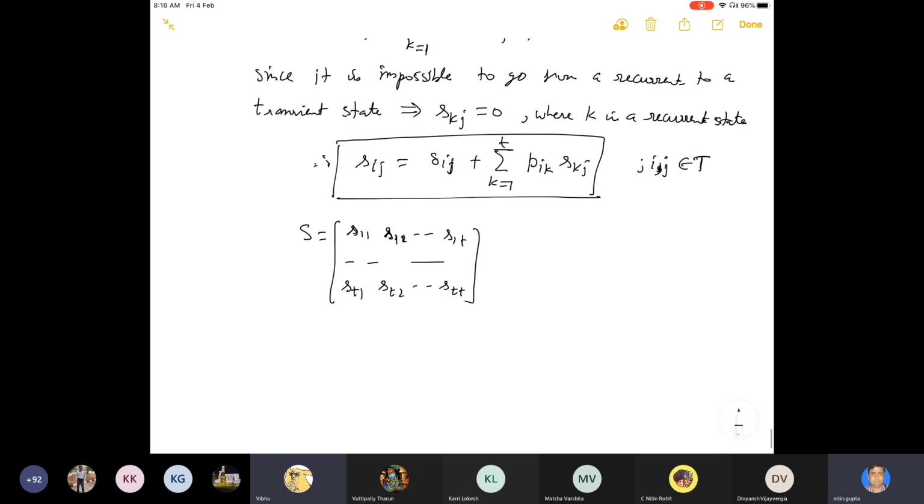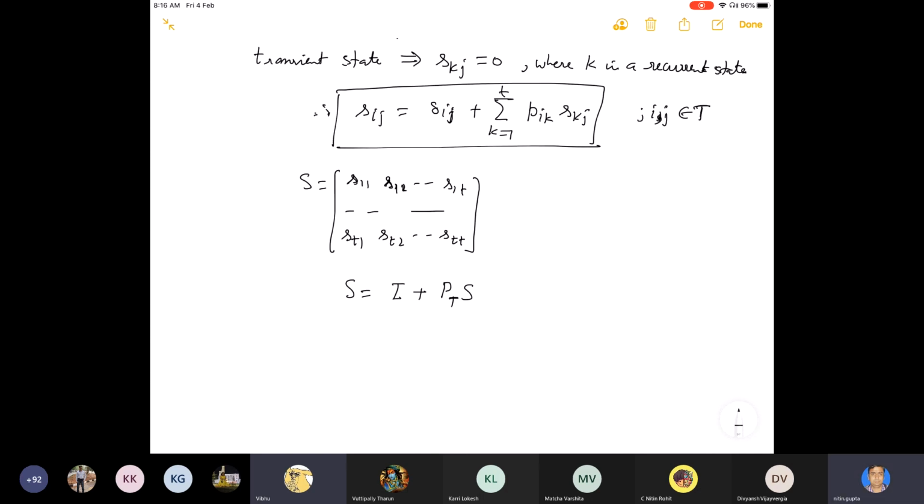Okay, so therefore this can be written as S is equal to I plus PT S in the matrix notation, where PT is the TPM of the transient states. Okay, so now from here I minus PT S is equal to I, which implies that S is equal to I minus PT inverse.